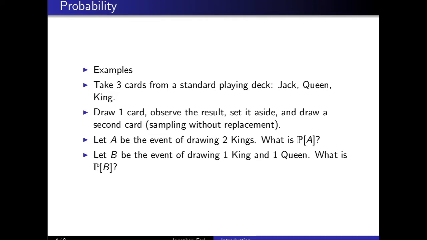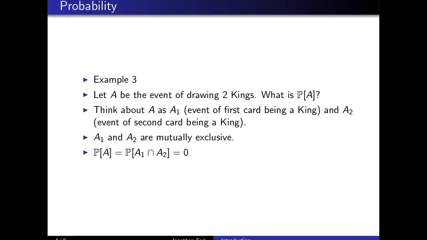So we'll again take A to be the event of drawing 2 kings, and we'll take B to be the event of drawing a king and a queen, and we'll ask for the probability of A and the probability of B. Well, the first thing that we could say is, as before, we could try and split up what we're looking at as A1 and A2, drawing a king on the first card, drawing a king on the second card. But now what we have is that A1 and A2 are mutually exclusive.